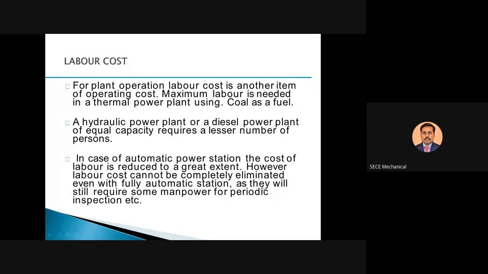Based upon modern technologies, we are implementing so many automatic systems. Every monitoring system is now automated, so manpower is eliminated, though some people are still required for periodic inspection.